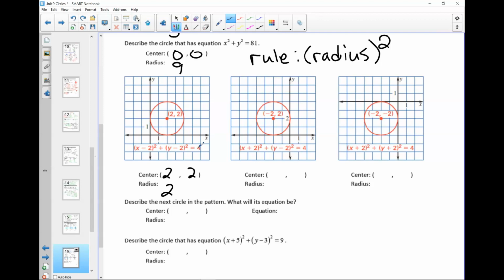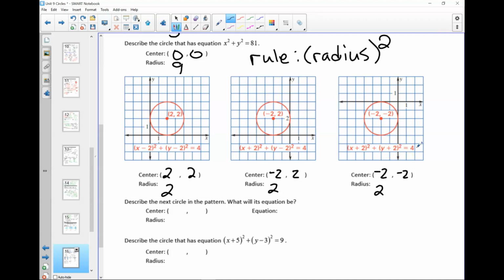Next example, (-2, 2) is the center, radius is 2. (x plus 2) squared plus (y minus 2) squared equals 4. Third example, the center is (-2, -2), and the radius again is 2. (x plus 2) squared plus (y plus 2) squared equals 4.